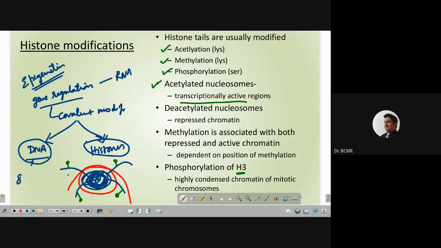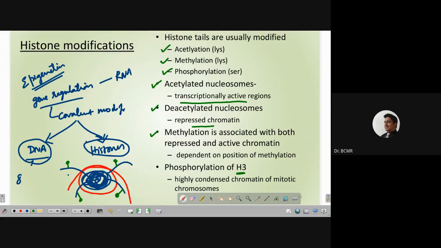They have a different system, and they do not have anything similar to histones. And if it is deacetylated, then it is usually repressed chromatin. Methylation can be associated with repressed or active chromatin. It depends on the position of methylation.